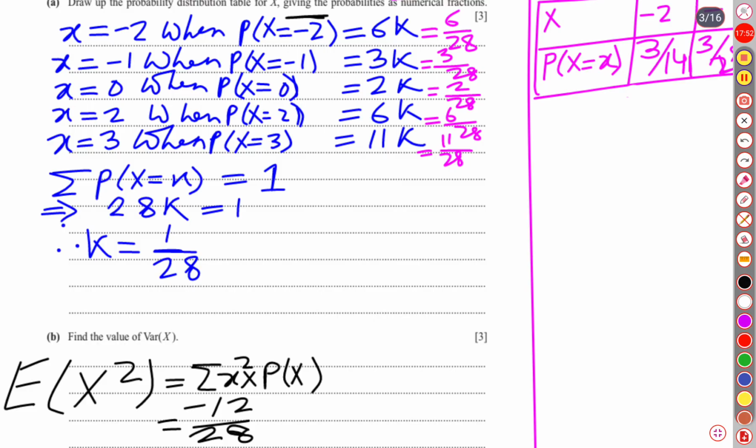Well, then the second x is negative 1 and probability is 3 over 28. So negative 3 over 28. The third one is 0, so it is going to be 0. If we multiply something by 0, it is 0. So the fourth one is 2 and probability is 6 over 28. So it is going to be 12 over 28.